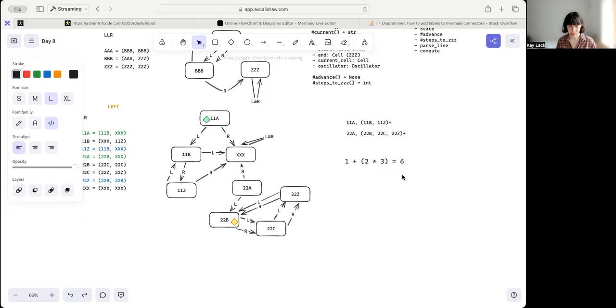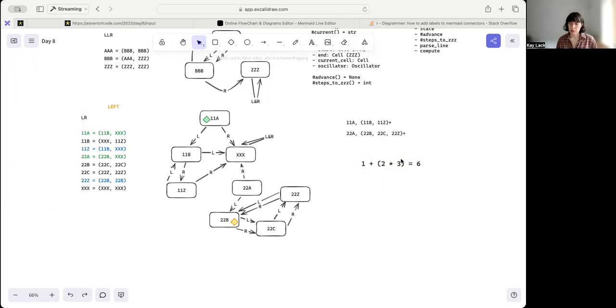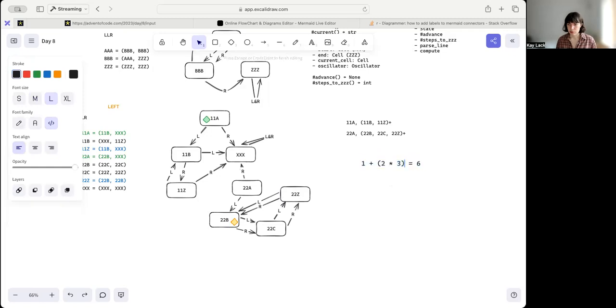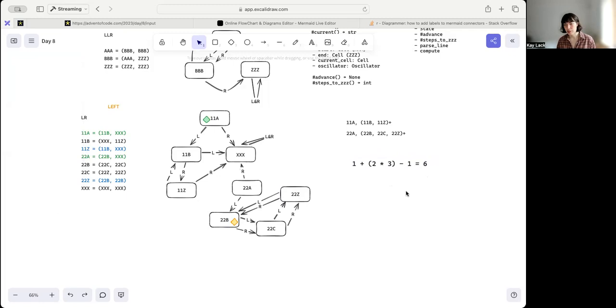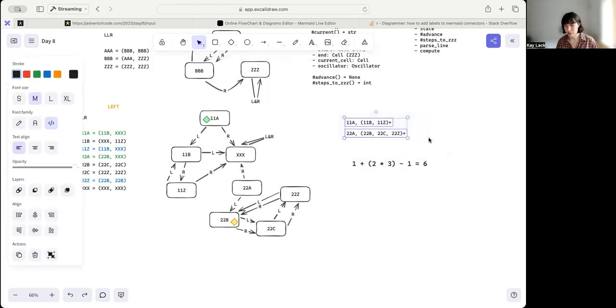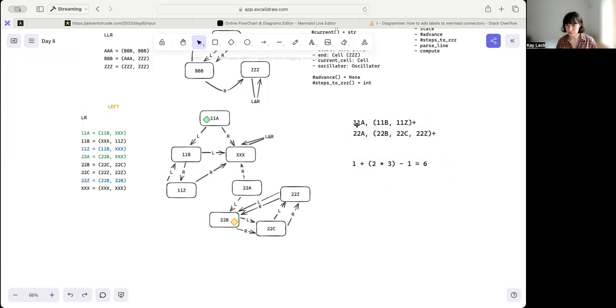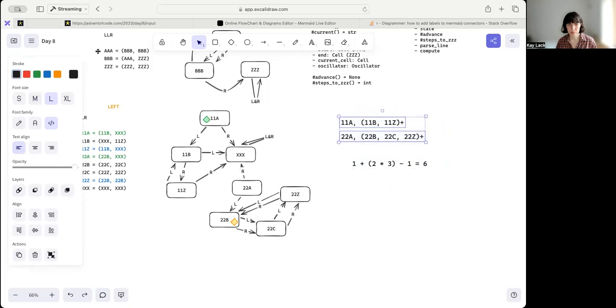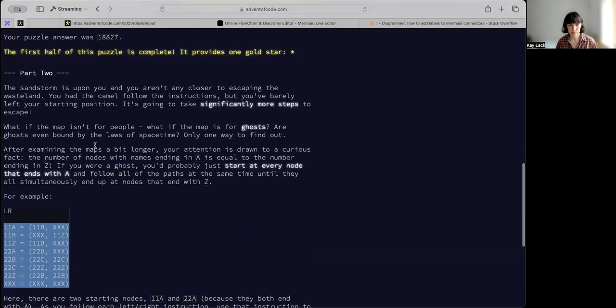Well, it takes 6 steps to get there. So we can subtract 1 off of that because we don't count the last one because the last one's already there. So, in theory, this works. Should I add another example? No.